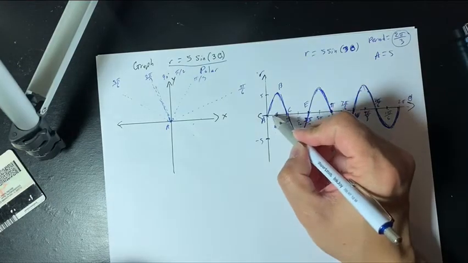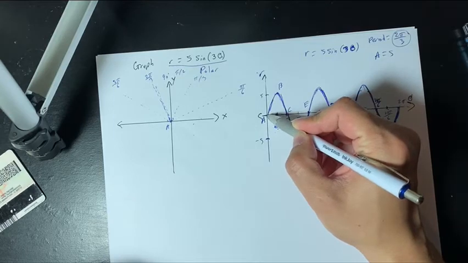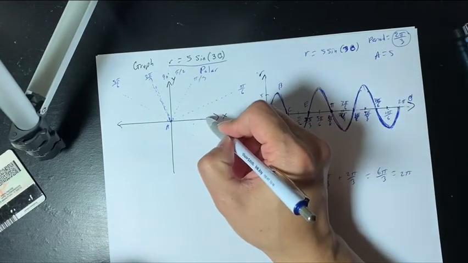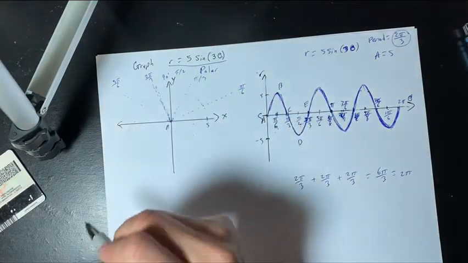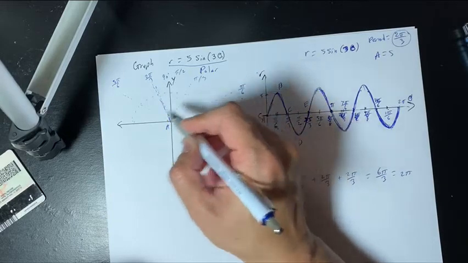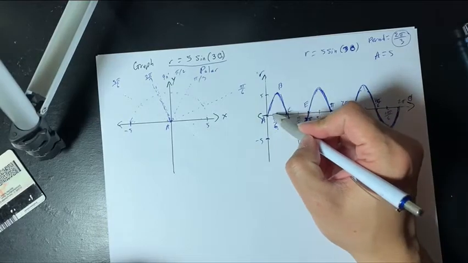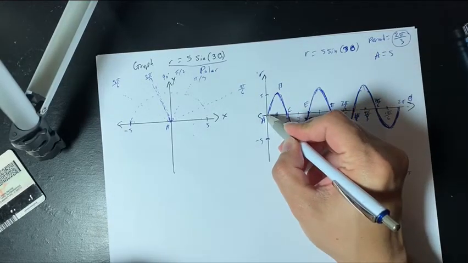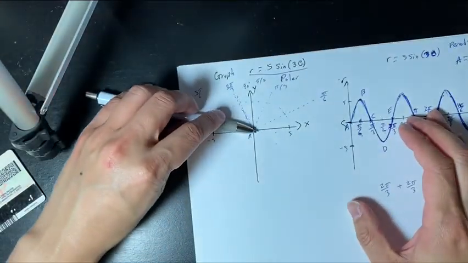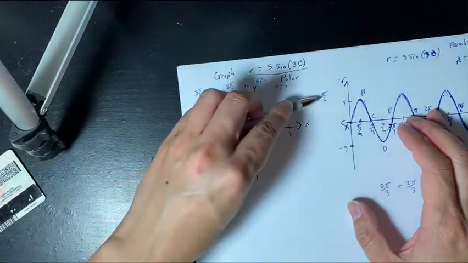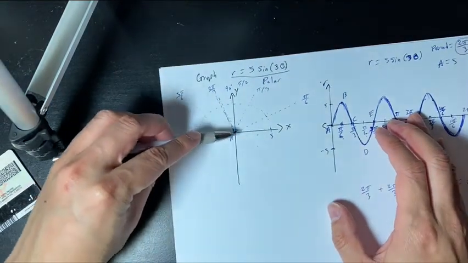So from angle 0 to angle pi over 6, my radius would increase from 0 all the way to 5. So let's say this is 5. So as my angle increases from 0 to pi over 6, my radius actually increases all the way to 5.